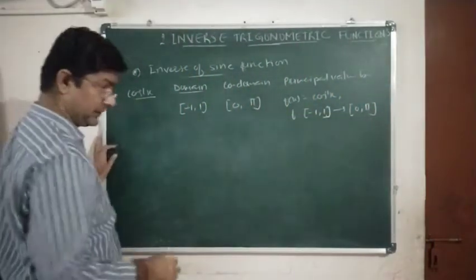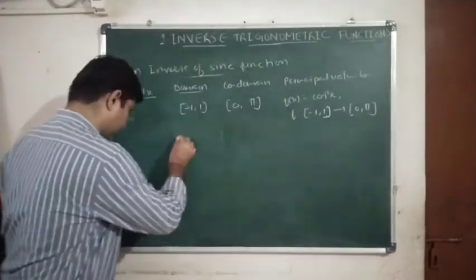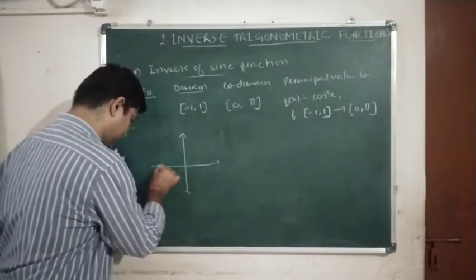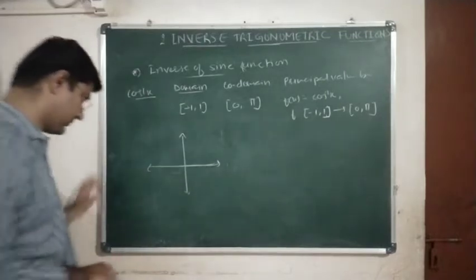Then let us look at the graph. Here I will draw the graph for both cos and cos inverse x, with the restricted domain and codomain.